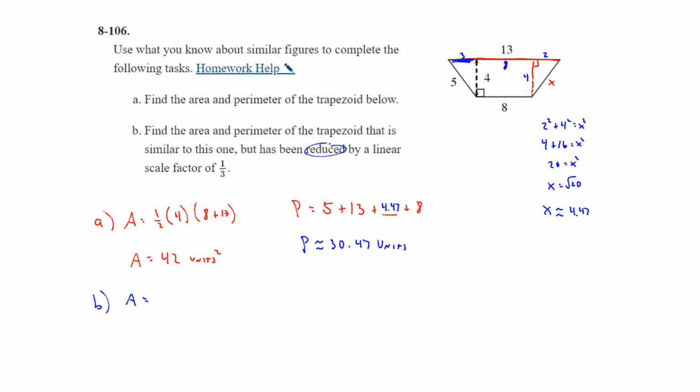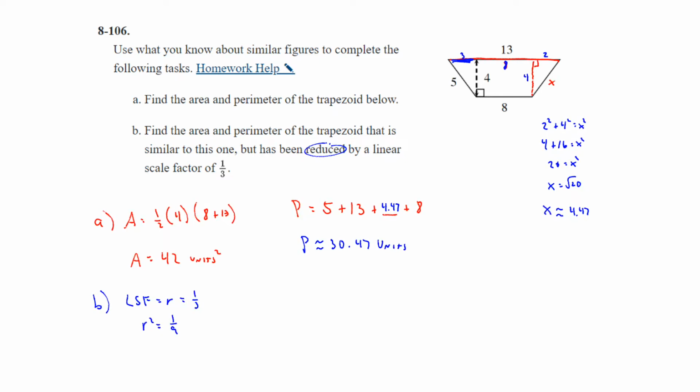So in terms of the similarity in the area, remember it's squared, so the linear scale factor is, let me write this down. I'm just going to say LSF, which is actually R, but R is equal to 1/3. So when you're looking at the area, it's R squared. So in this case, it would be 1/9.